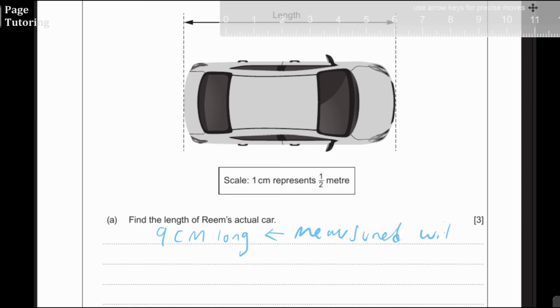Okay, so now we know how long the scale model is, but it says find the length of the actual car. Well, on this scale, it says for each centimetre, so we've got 9 lots of 1 centimetre, it represents half a metre. And if you find it easier to think like this, we can convert that fraction into decimals as 0.5 metres.